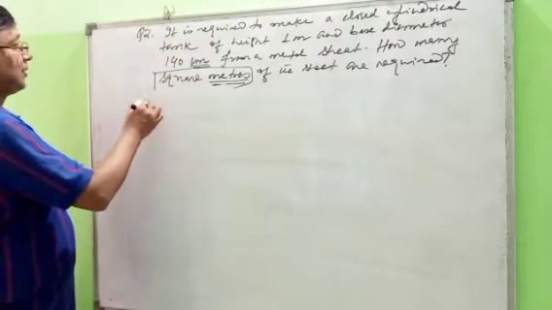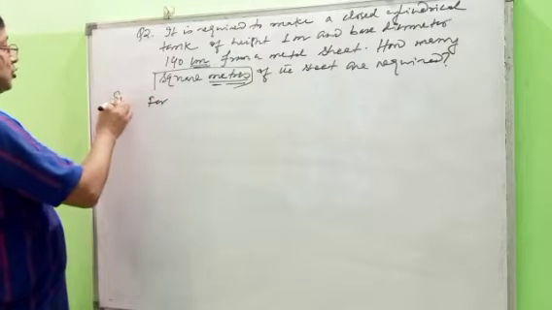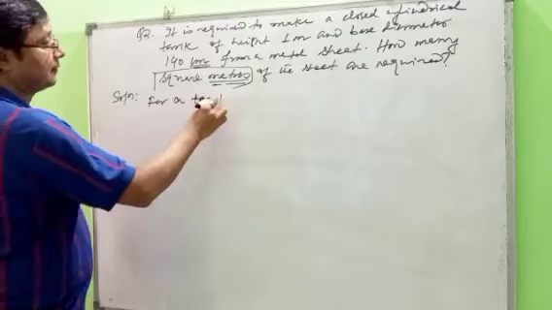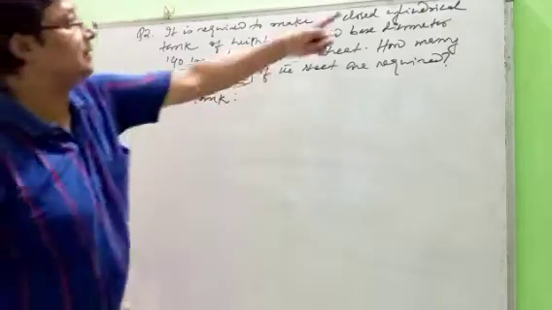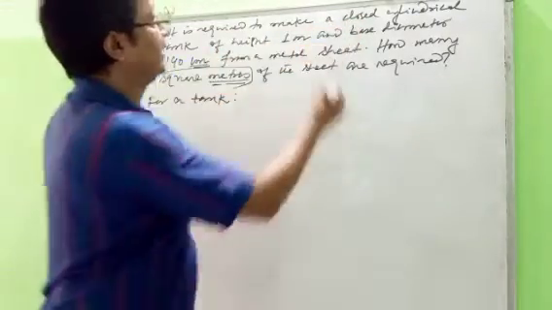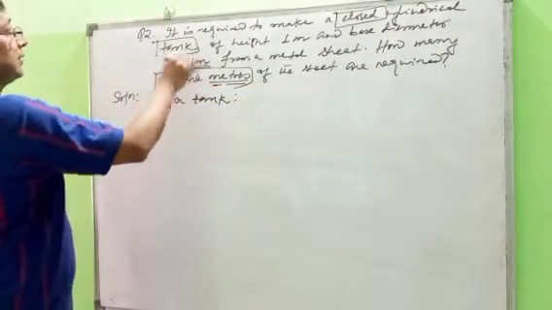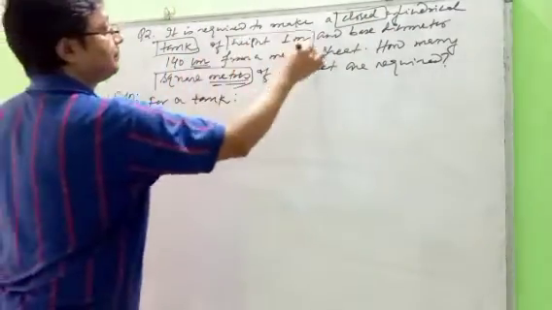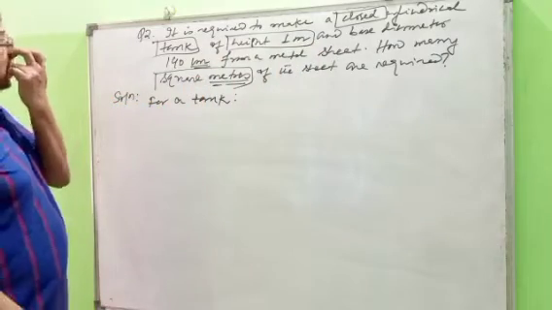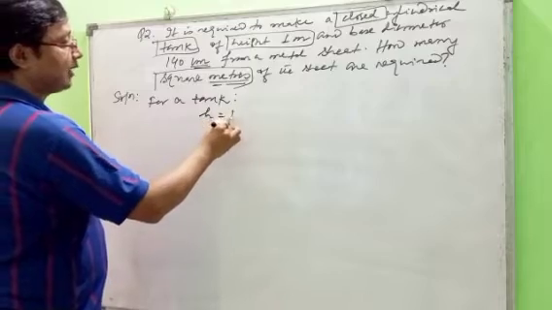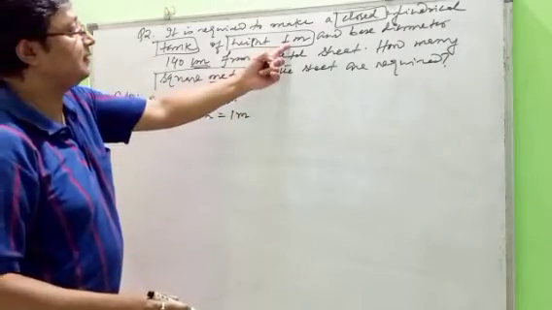Now 4a, it is the solution. 4a, a cylindrical tank, so a closed one. This is a closed tank. The height is 1 meter, so height equals 1 meter, as given.